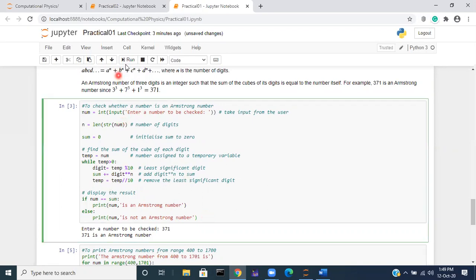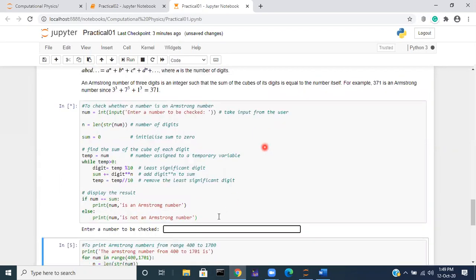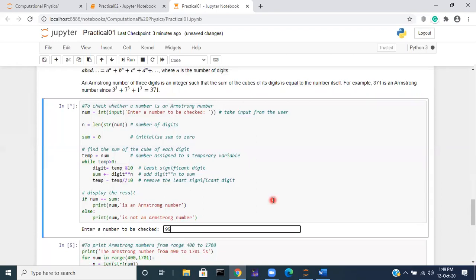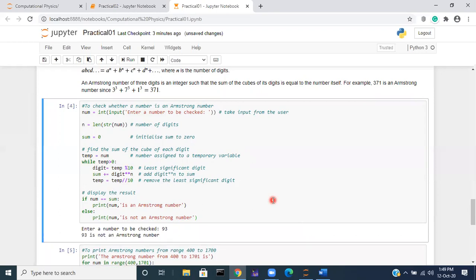Let me run this program again and let us randomly check another number. For example, 93. Press enter. 93 is not an Armstrong number, because 9 squared is 81, 3 squared is 9, so 81 plus 9 is 90, and 90 is not 93.